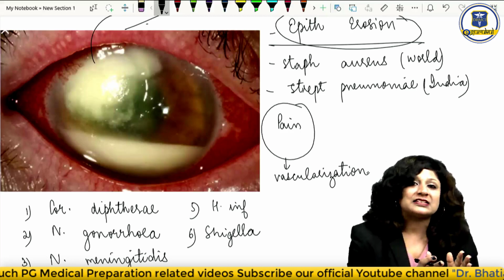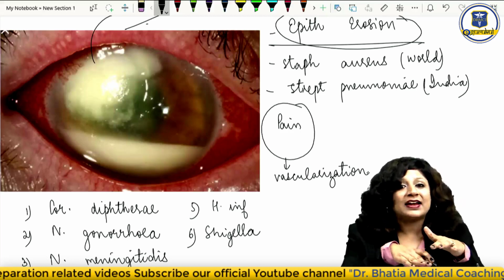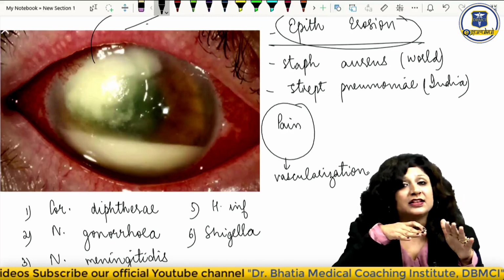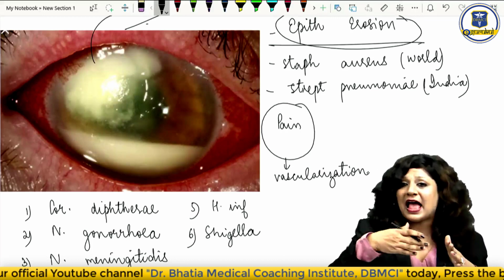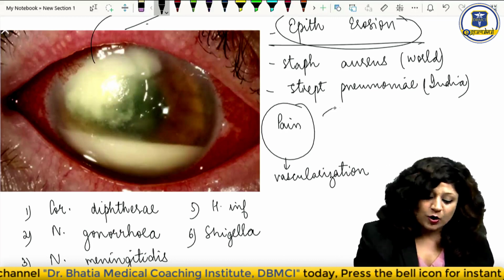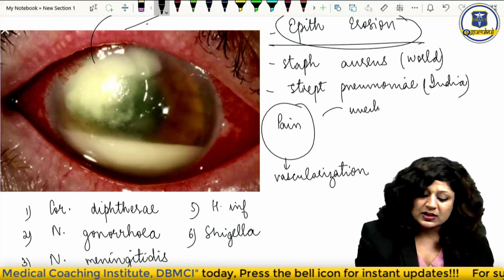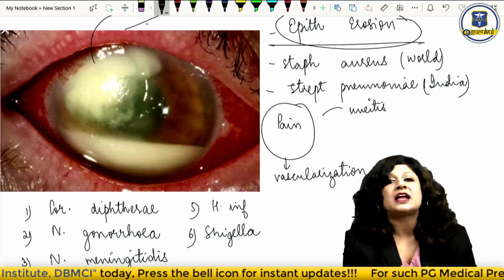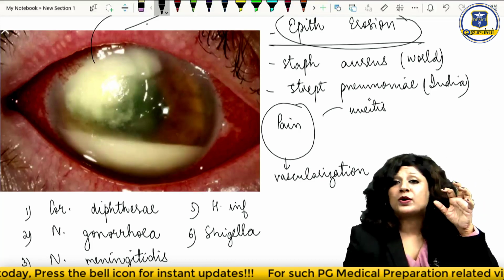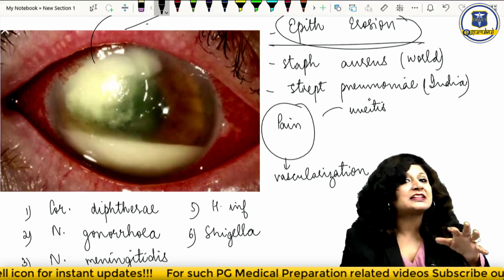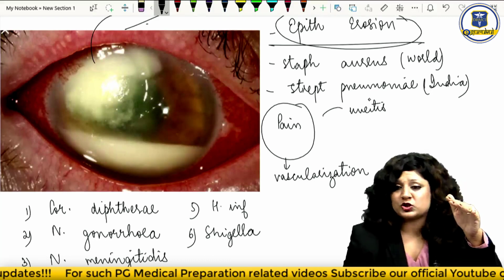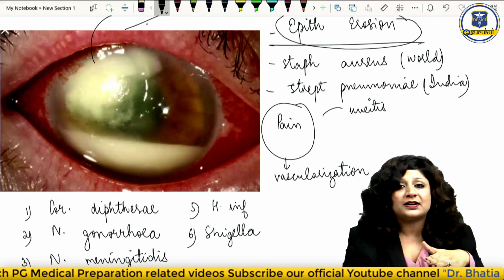Now these bacteria, when they invade and go inside into the different layers of the cornea, as they reach inside, they can also cause uveitis. Uveitis means iridocyclitis. When the inflammation goes to the deeper layers, there is active ulceration from the superficial layers to the deeper layers.